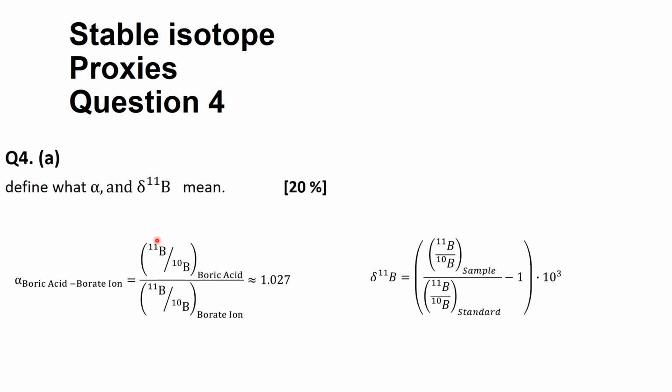So it's the heavy isotope divided by the light isotope, boron 11 divided by boron 10. So you could have gone to a little bit more detail rather than just saying it's the fractionation factor.